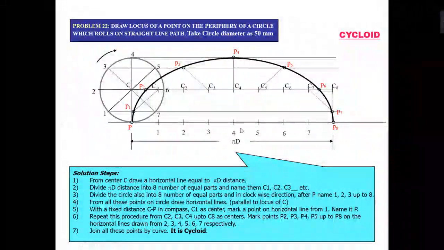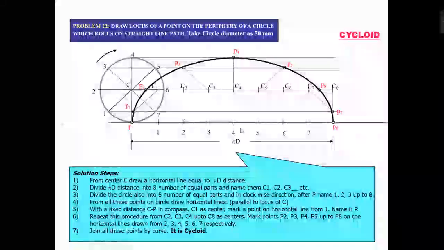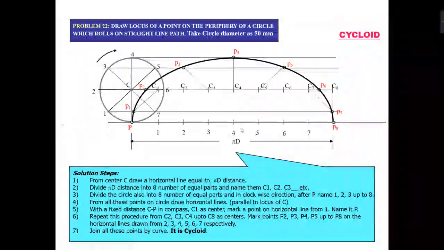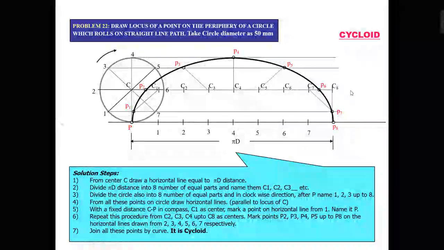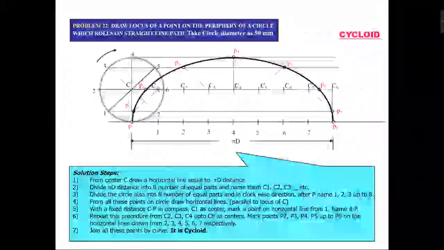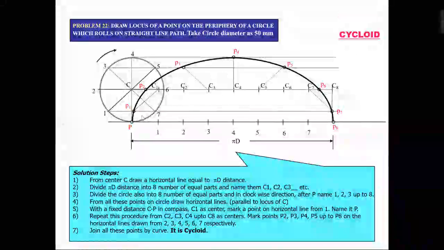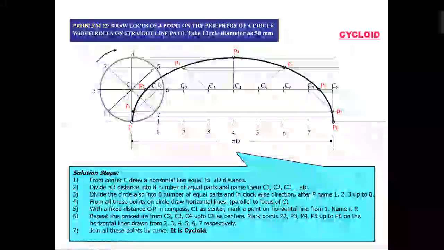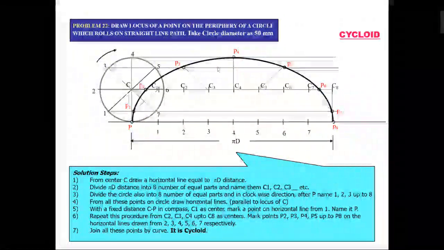In a scale, whenever you are cutting the arc, there should be names like 1, 2, 3, 4, 5, 6. In a parabola also, and ellipse also, there will be proper naming. So here also, you have to draw the cycloid with the help of an HB pencil, and all the other work you have to draw with the help of a 2H pencil.